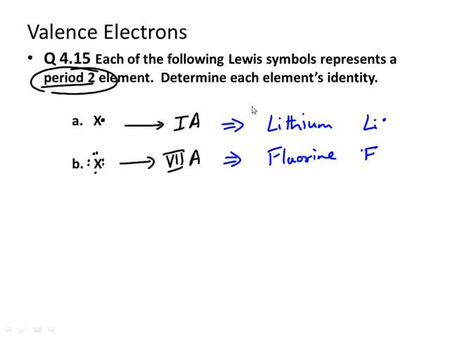Fluorine will have 7 valence electrons around it. So it's really as simple as that. Please remember, period number gives us the valence shell, and group number, the Roman numerals, give us the valence electrons for representative elements only.